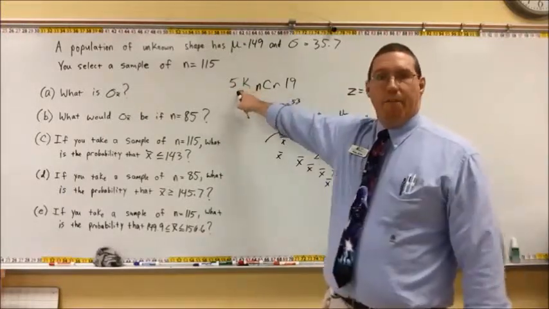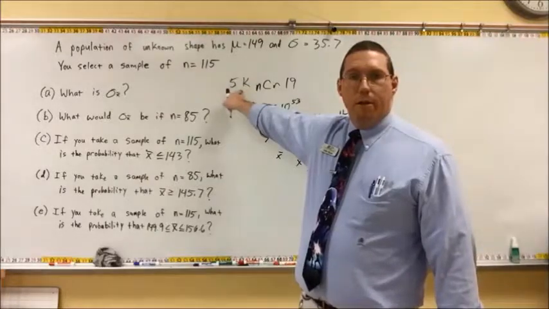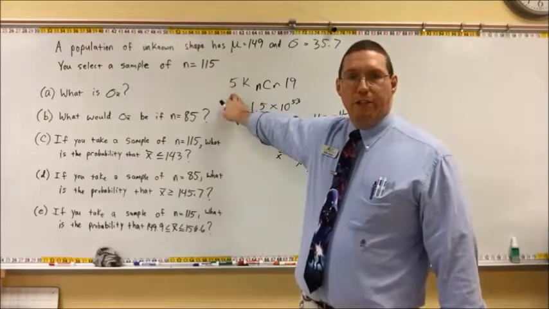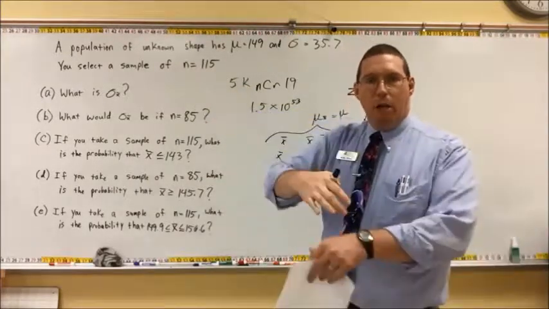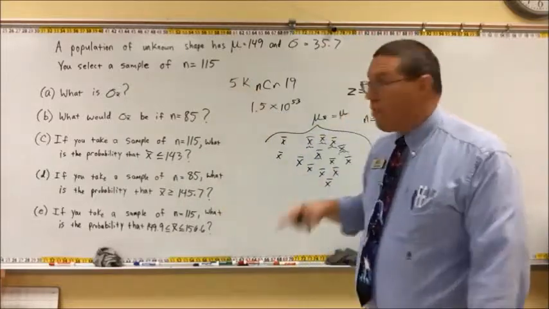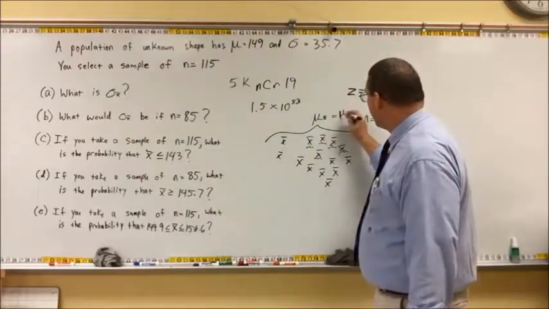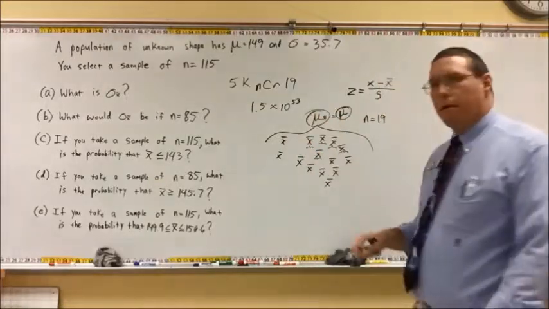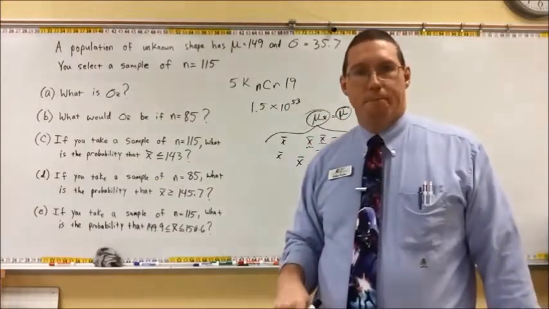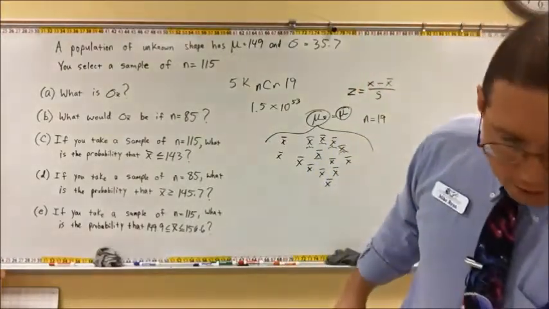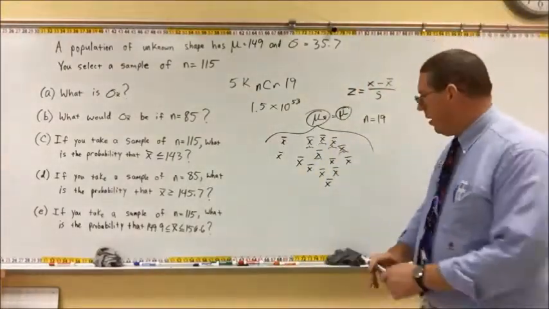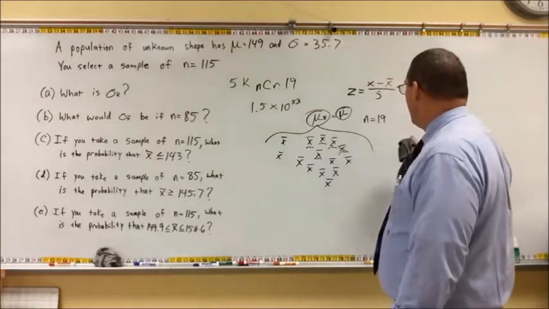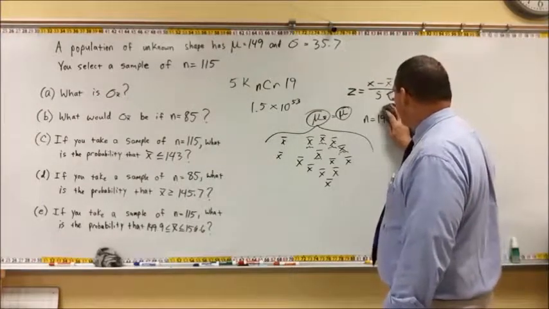If you were to take all the 5,000 observations in that population, add them all up and then divide by 5,000, that is the population mean, and it will be equal to the mean of all the sample means. Okay, I know we're getting real deep in the statistics pool.